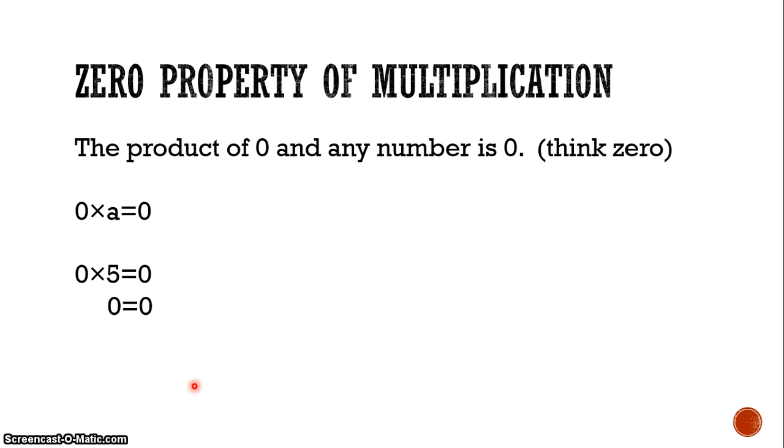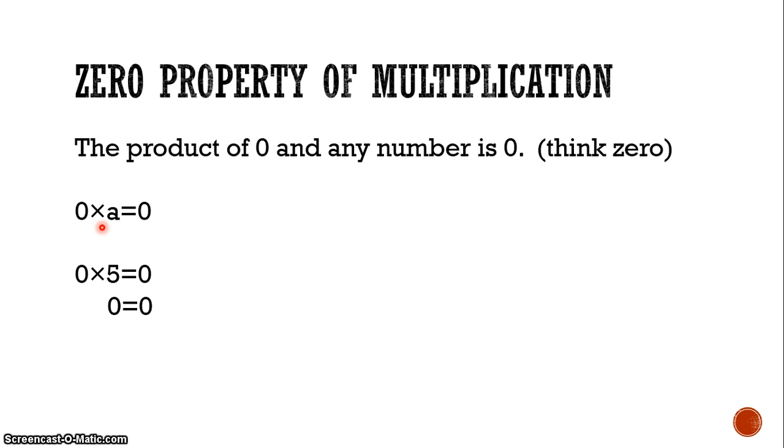Next, zero property of multiplication. The zero property of multiplication says that the product of 0 and any number is 0. So I think all of you showed me that you already know that. So if you multiply anything, like if it's a trillion, gazillion, billion times 0, it will be 0.